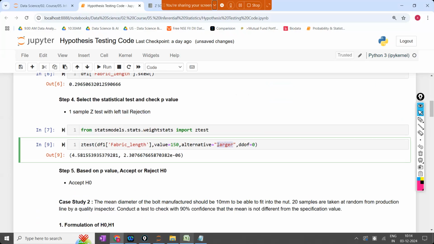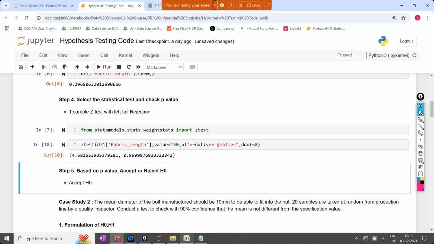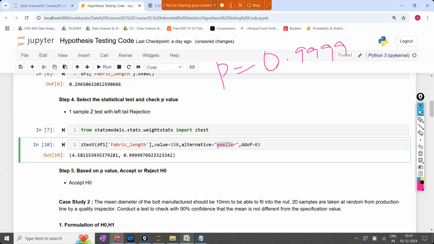When I apply smaller, what p-value have I got? Observe, what is the p-value, guys? 0.99999. That is the p-value for the left tail test. For the right tail test, it is 1 minus p. Now when I convert this to larger, larger means right tail test.